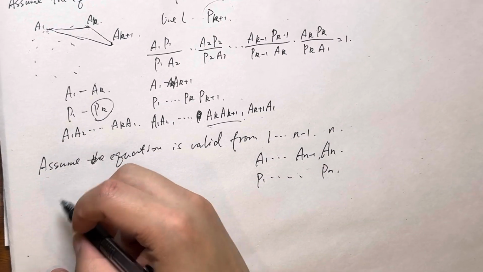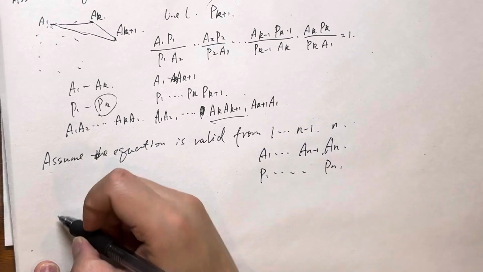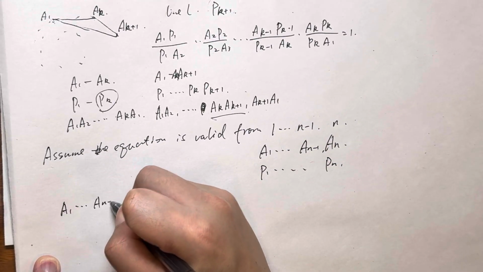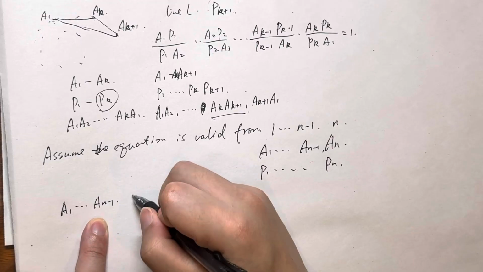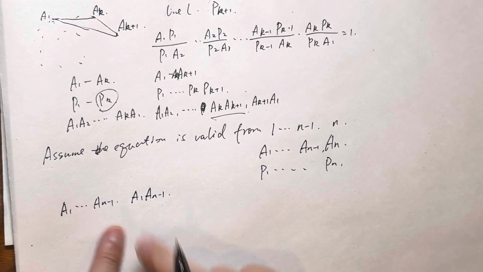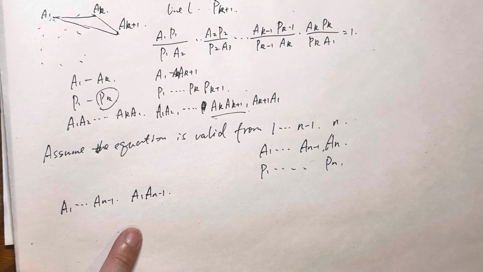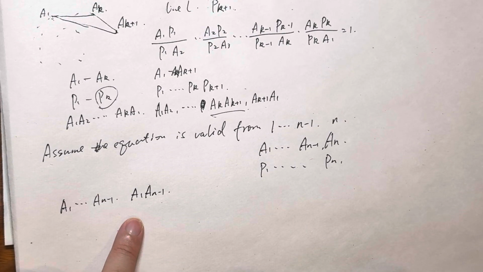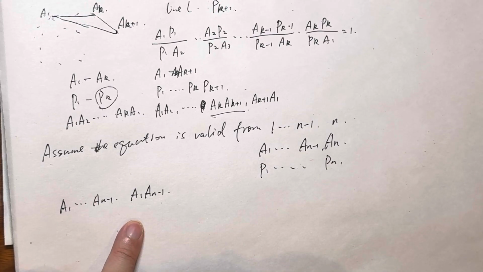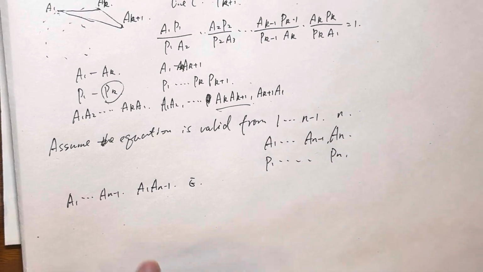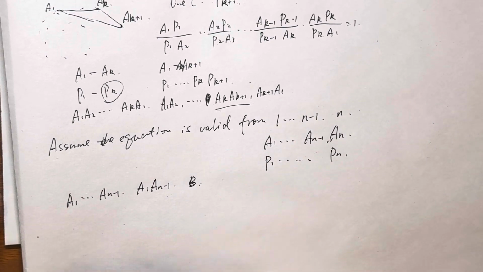Then we just know that for the closed polyline A1 to An minus 1, we have a line A1, An minus 1, which has an intersection point with line L, but we didn't mark it, right? So let's mark the intersection point as E, for example, or B, for example, right?